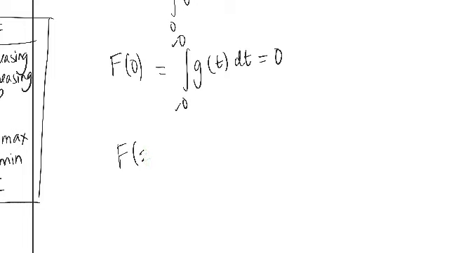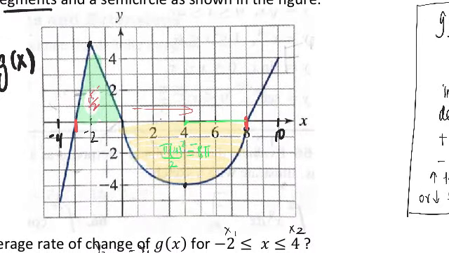Let's do F of 4. So F of 4 means, let me just write it down, integral from 0 to 4 g of t dt, right? So we're calculating area in this graph starting at 0 and going rightwards until 4, right?